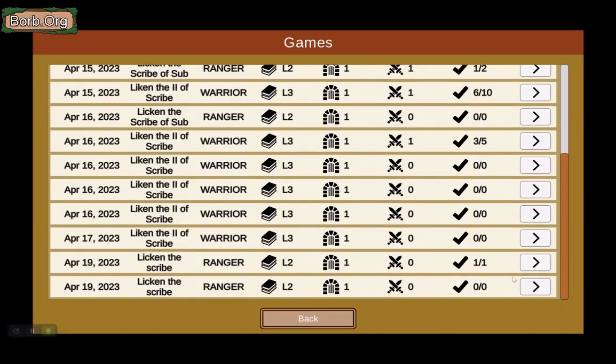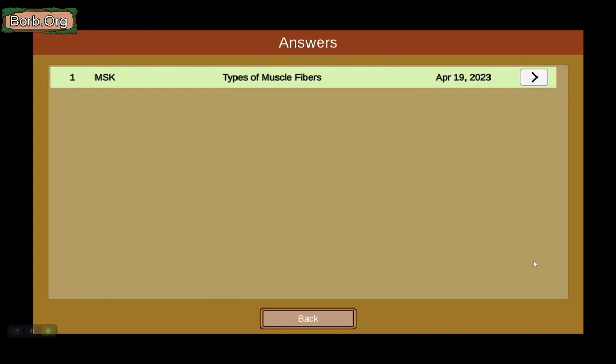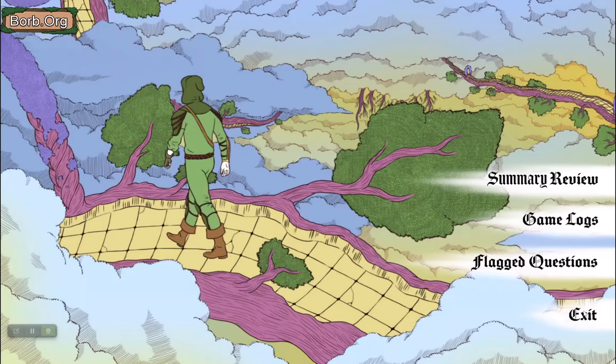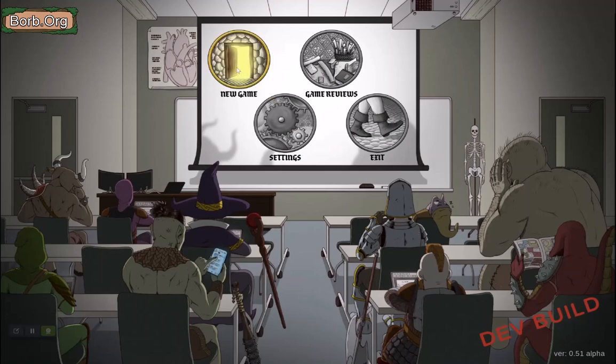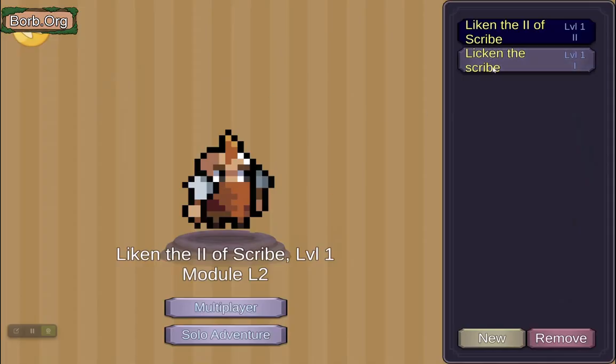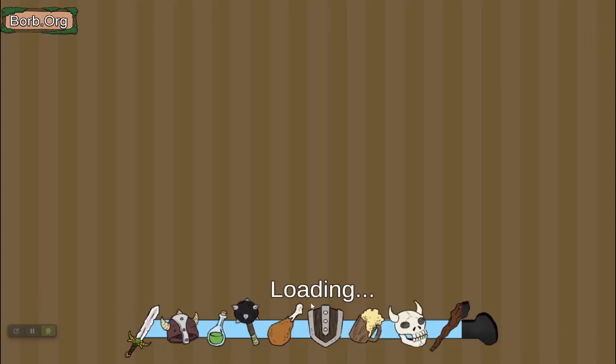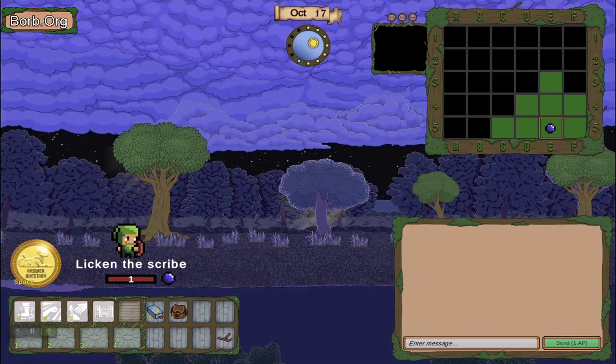Go to the bottom, and we have this question here, types of muscle fibers. Apparently we have to answer the question for it to show up in the game log, unfortunately. We're going to fix that, because once you see a question, you certainly want to see the explanation. I apologize for that. We're still in early days, that's why we're offering the game for free, but we'll certainly be fixing that aspect.